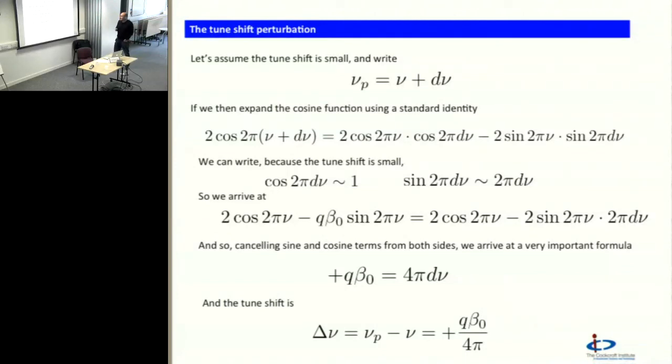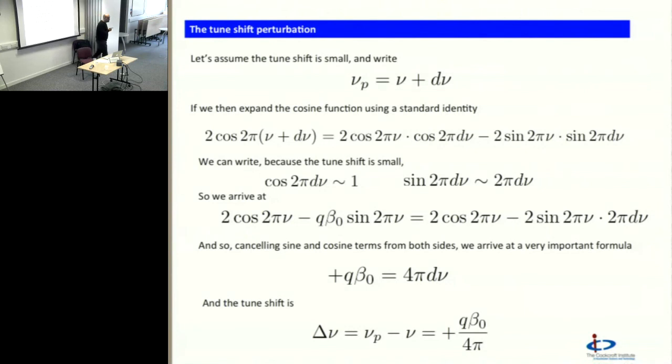So this formula is telling me the shift in the tune in my lattice for a quadrupole error at some location which has a beta function, beta naught. So note straight away that in the linear approximation, the tune shift is proportional to the quadrupole error. It's also proportional to the beta function.